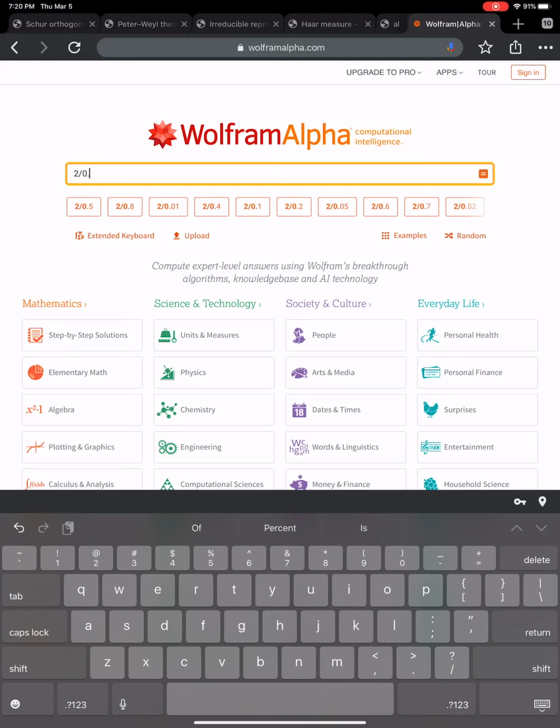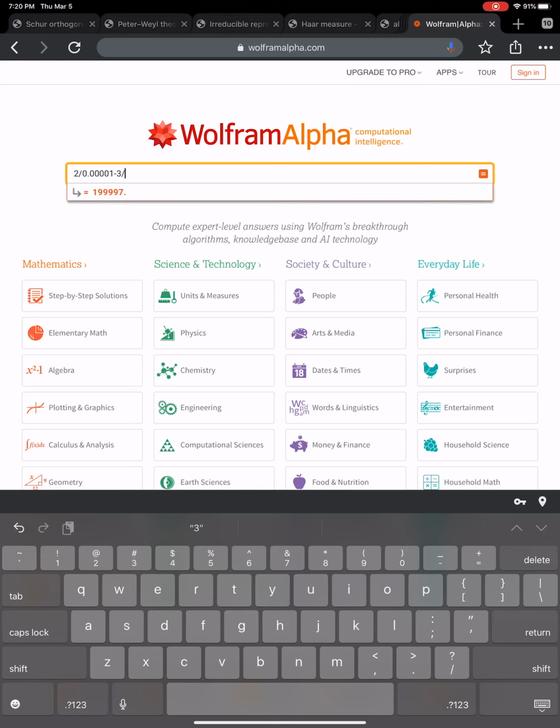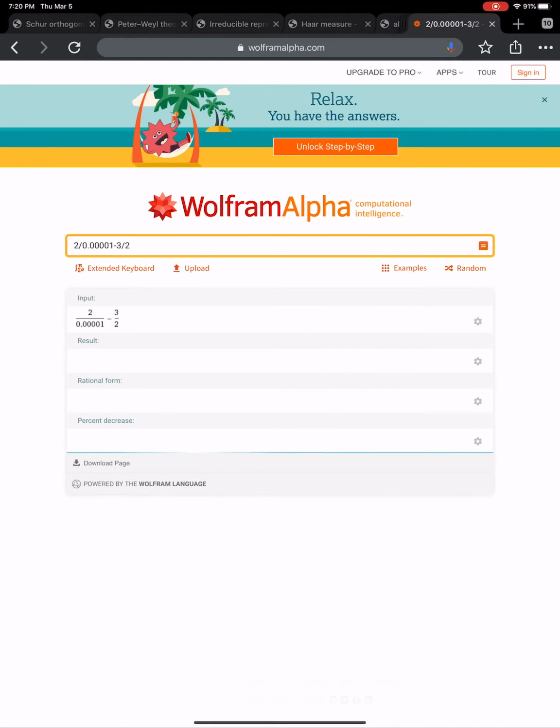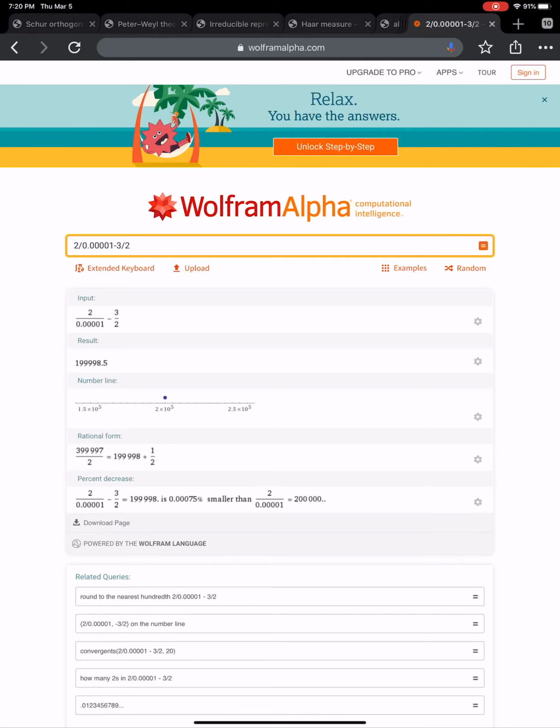So it was 2 divided by 0.00001 minus 3 over 2. So then the minimum number of terms that I need to add is given by 199,998.5.